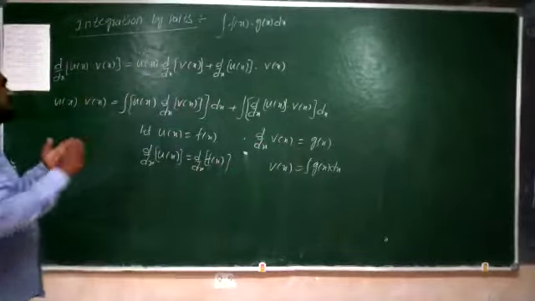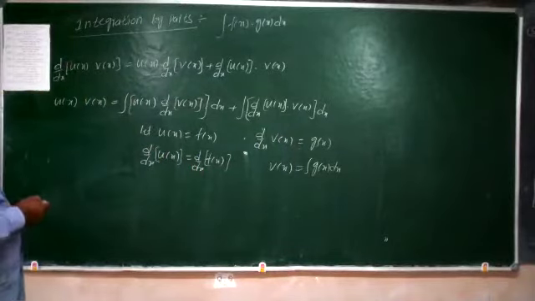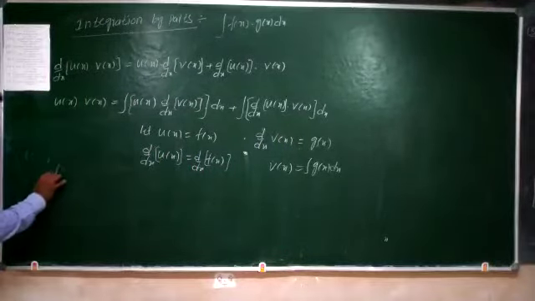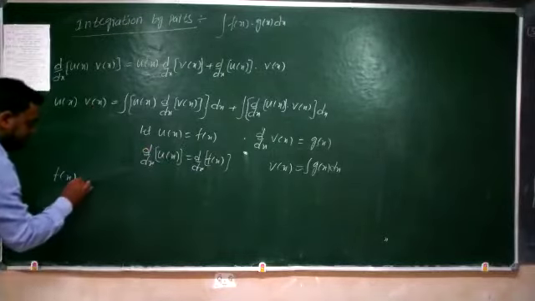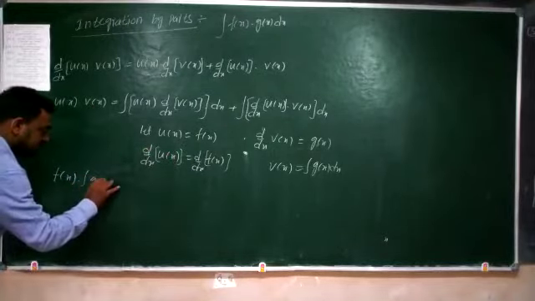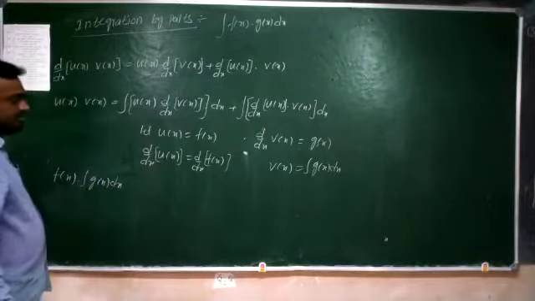Now you substitute these values in this equation. u of x is f of x, and v of x is the integration of g of x dx.